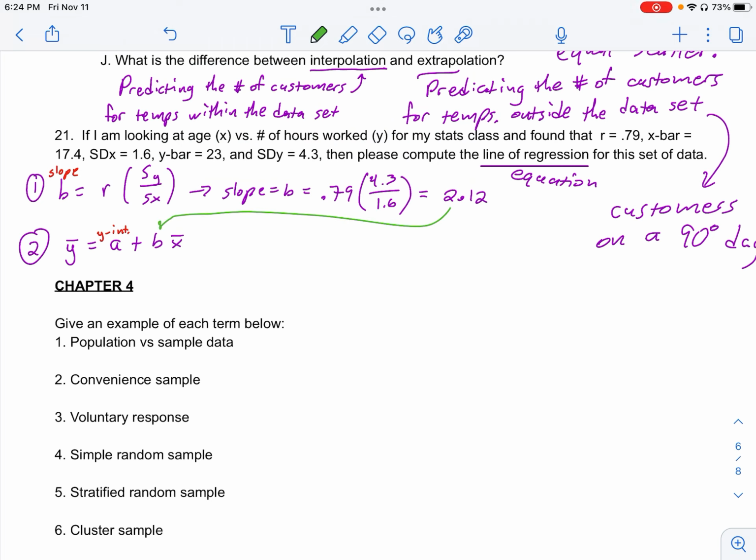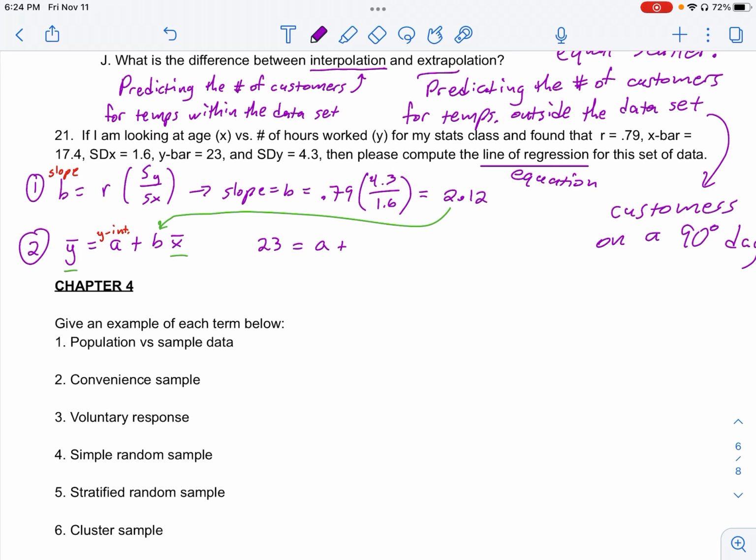Then I'm going to take my 2.12 and put it here. And I'm going to plug in the X bar and the Y bar, the average X and the average Y, which they gave me, so that I can find the y-intercept. Here we go. Y bar was 23.